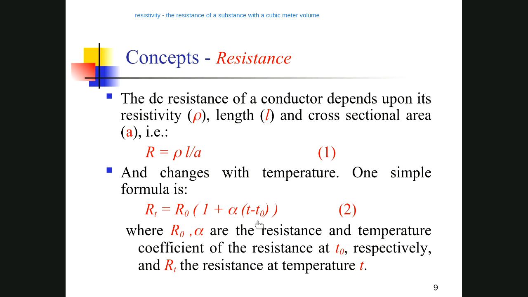Suppose a conductor has a resistance R0 at temperature T0, and the material has a temperature coefficient alpha, which represents the change in resistance multiplier when the temperature changes by 1 degree.